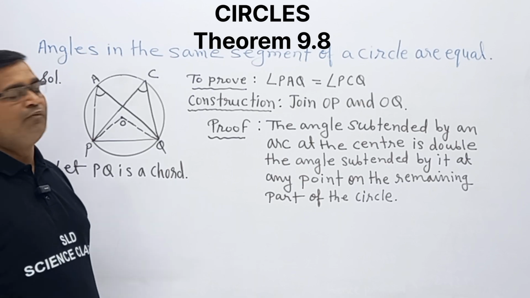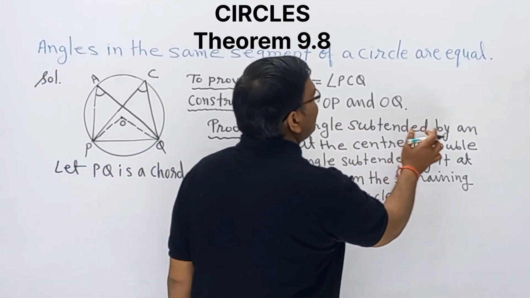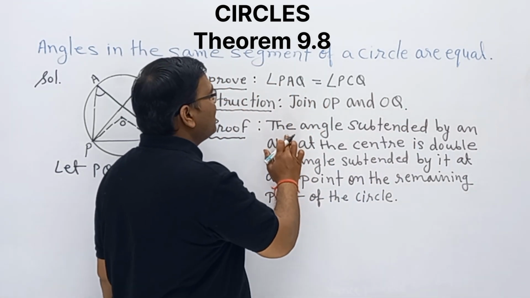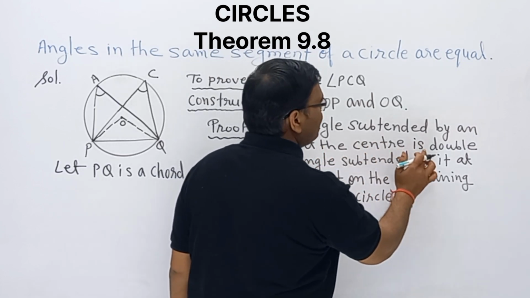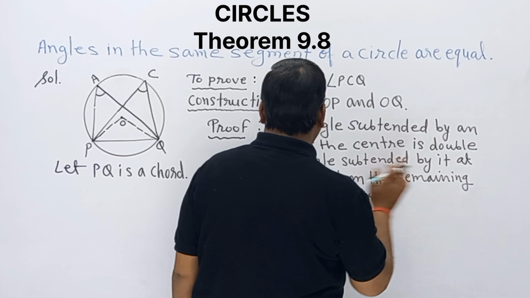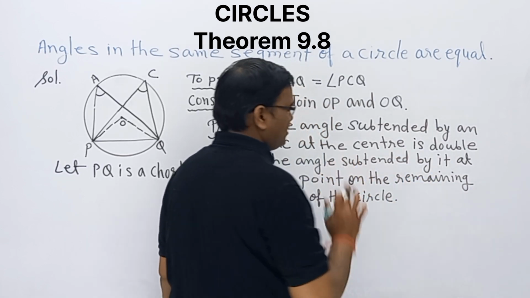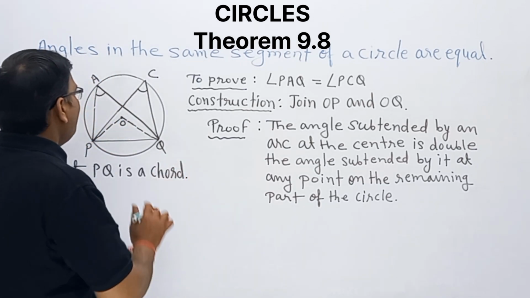We studied one theorem: the angle subtended by an arc at the center is double the angle subtended by it at any point on the remaining part of the circle. What is its meaning? We studied it already.